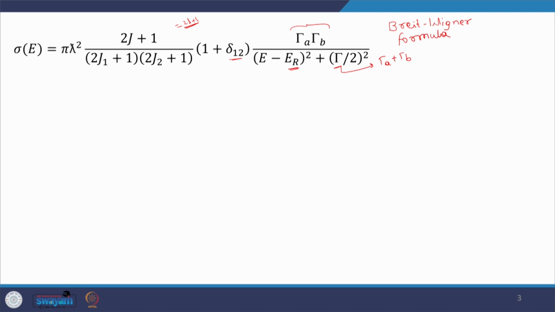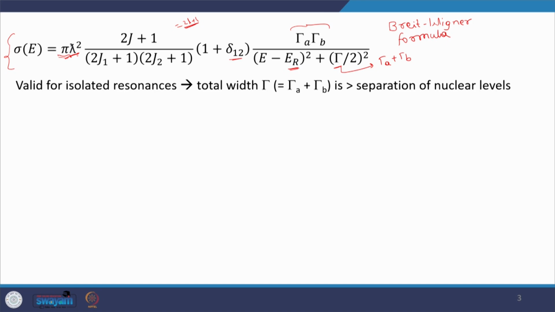And this is, as you know very well, quantum mechanically pi r square, that is the geometrical cross section, the area seen by the projectile. The area seen by the target when the projectile falls on it is replaced with pi lambda bar square. So, this is the equation which we derived in the previous lecture.